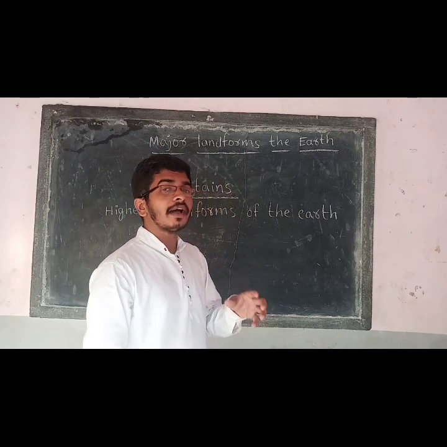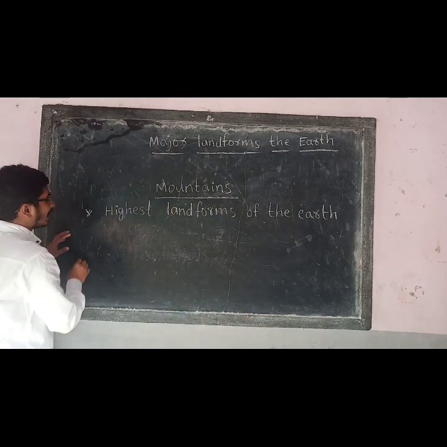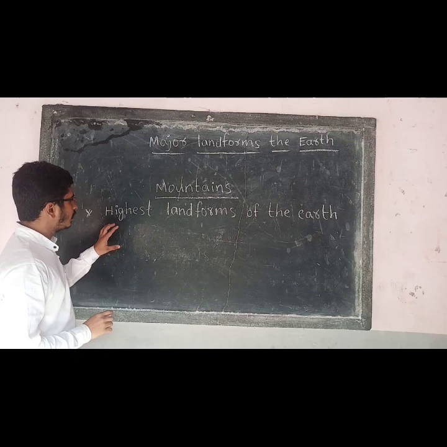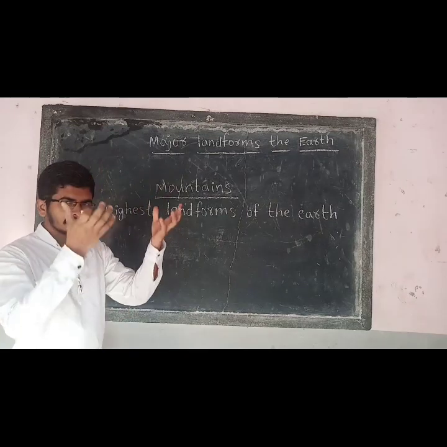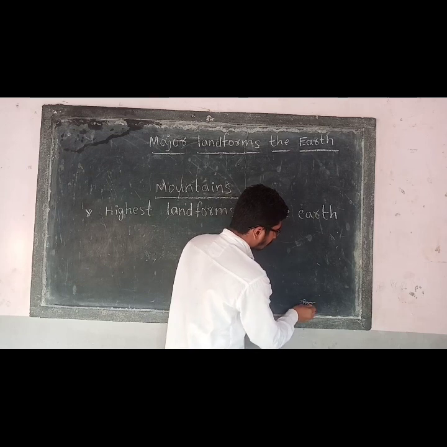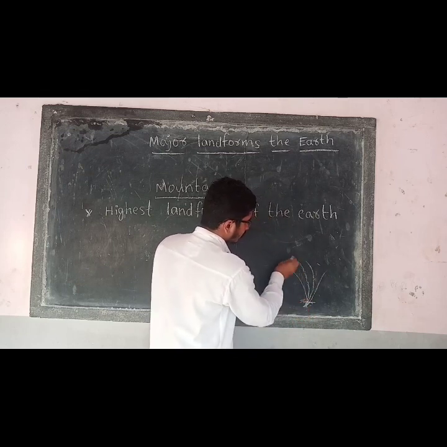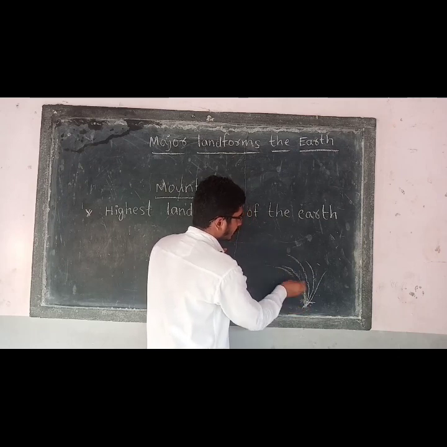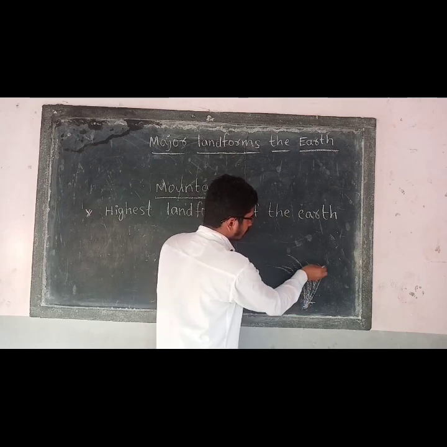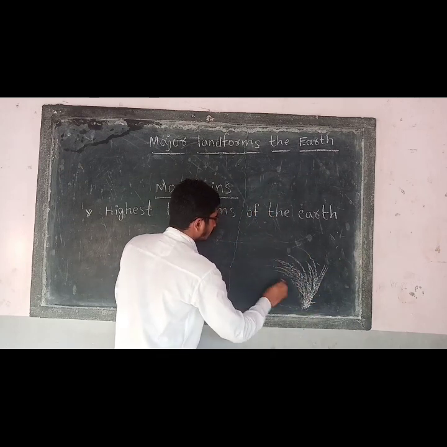Because of the volcanoes, you know volcanoes very well. When the volcano erupts, the lava comes from inside the crust. The lava will come outside from the crust due to extensive pressure and heat.